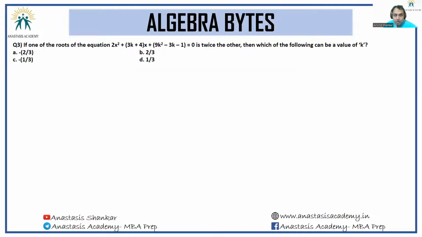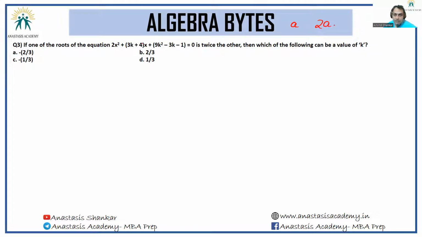Next, if one of the roots of the equation 2x square plus 3k plus x, 3k plus 4x plus 9k square minus 3k minus 1 is twice the other, then which of the following can be the value of x? Okay, if one root is a, the other root is 2a.